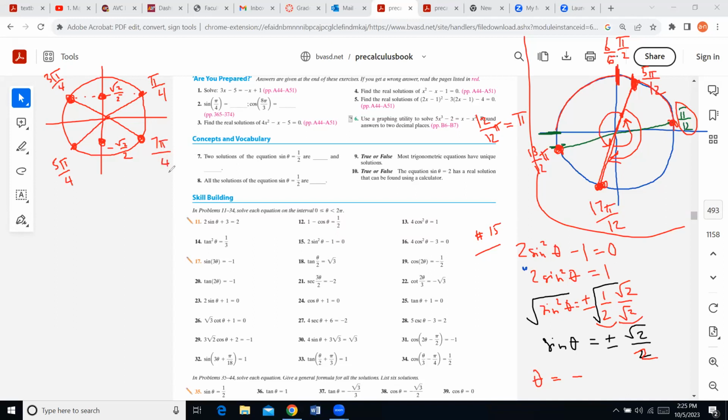So if you look at the picture, then right away you can give the answer in the interval from 0 to 2 pi. But what I'm also interested in is how to describe the solutions using just one equation. Please notice that if you start with pi over 4, and if you rotate by 90 degrees, you will get the other.